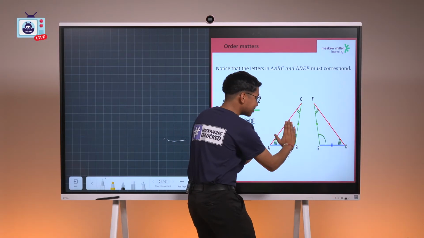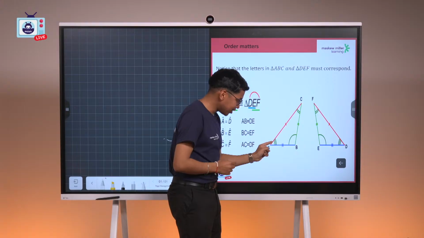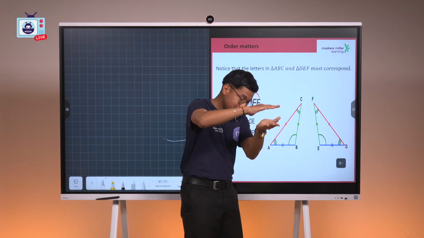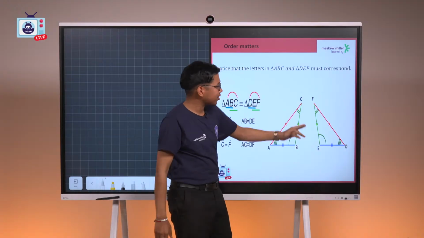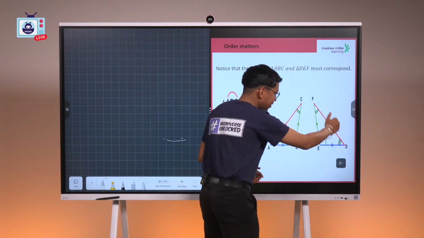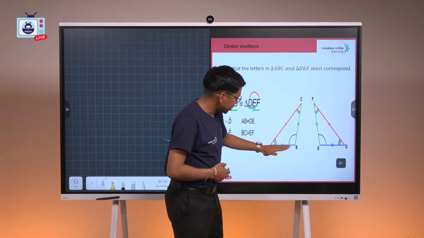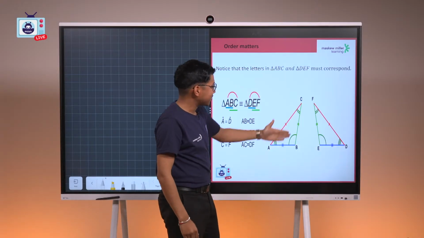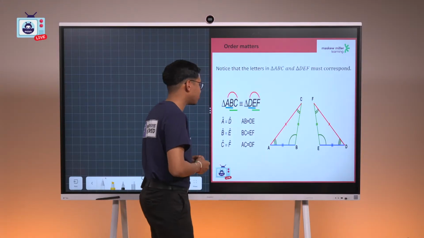I'm sure all of you can see that angle A will correspond with angle D. Angle B will correspond with angle E. And angle C will sit on angle F. Similarly, the sides: side AC and side FD correspond with each other, side AB and side DE correspond with each other, and side BC and side EF correspond with each other. Very important to note that.